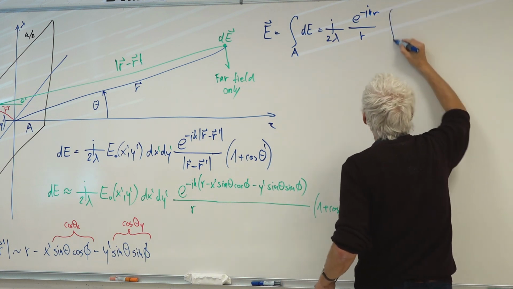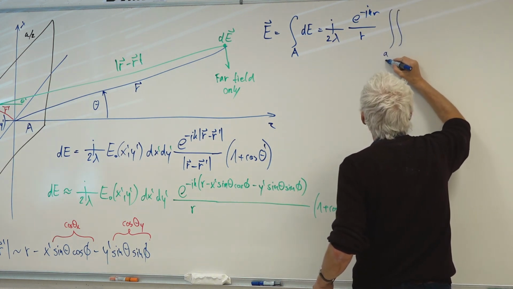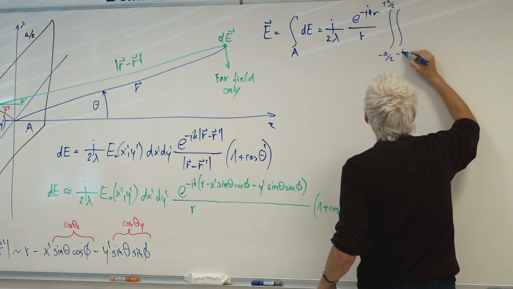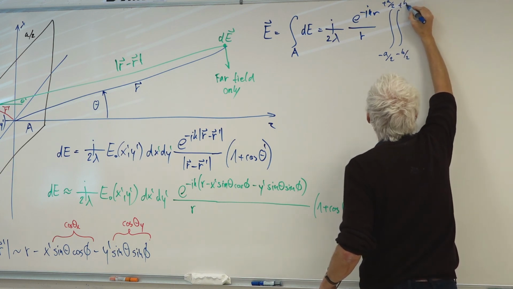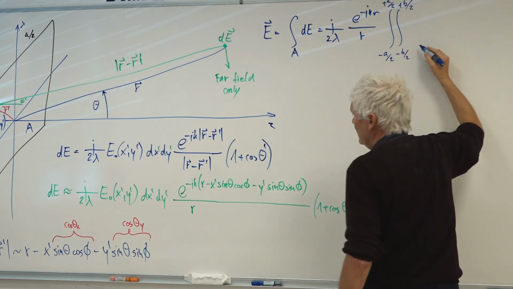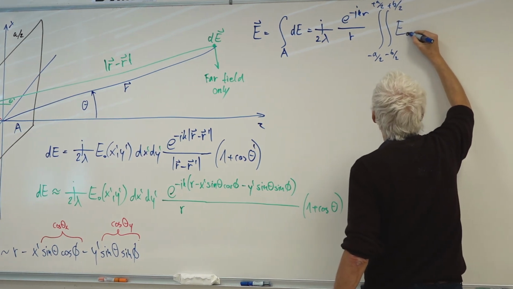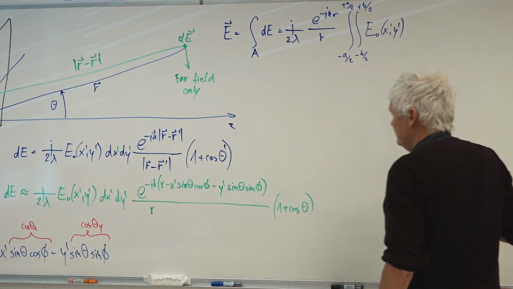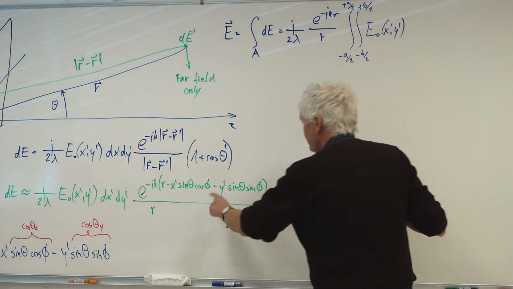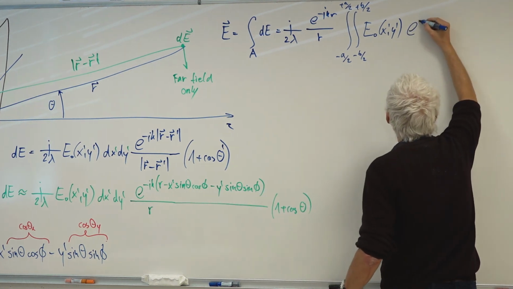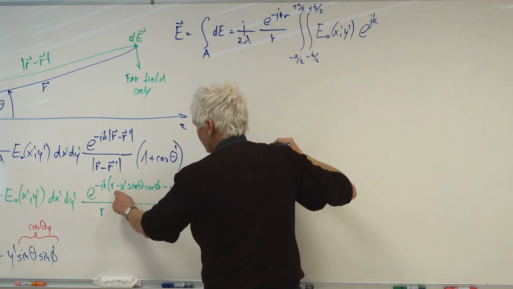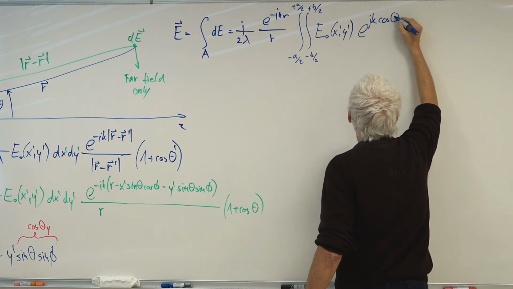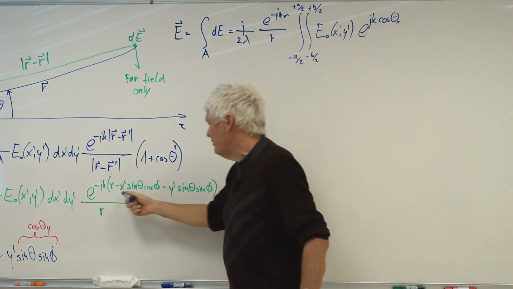And then I have an integral from minus a half to plus a half, from minus b half to plus b half, of what? Of the field on the aperture. So this is the illumination of our aperture. I have two exponent functions, e to the plus jk now, to account for the 2 minus signs. I will write here cosine theta x, just to not have such a long expression.